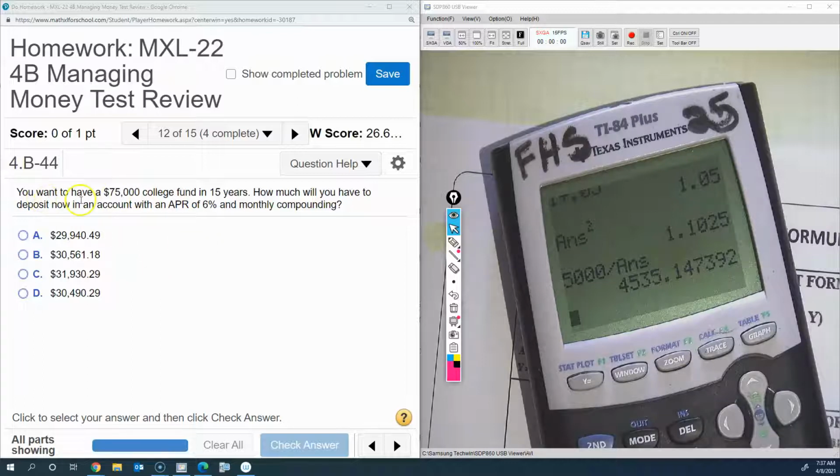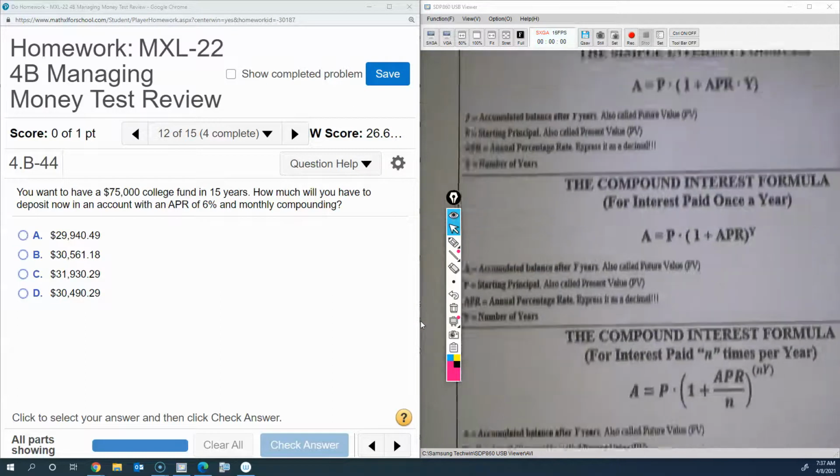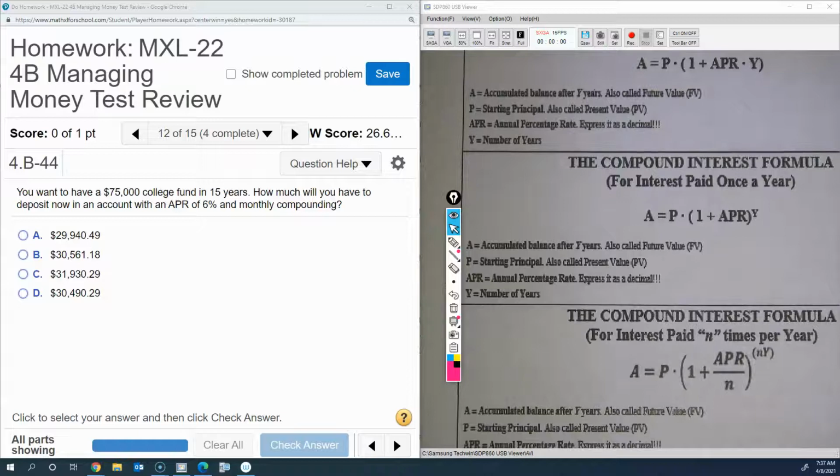Okay, now here's another one. It's the same type of problem, but slightly different formula. So you want to have 75,000. That's your goal. So that's what you want to end up with. That's A. The amount of time you have is 15 years.